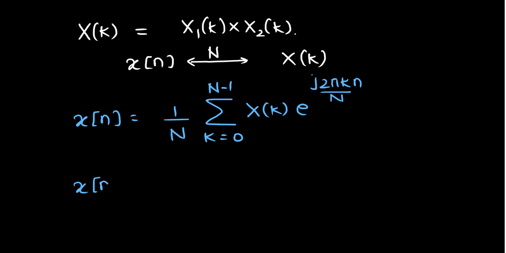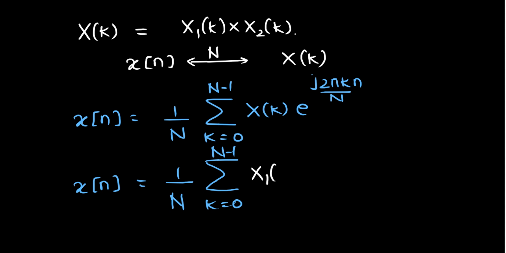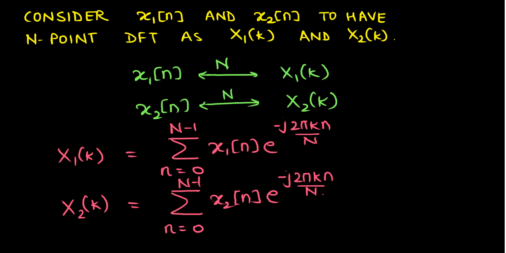So we have x of n is equal to 1 by N summation k running from 0 to N minus 1 X1 of k into X2 of k multiplied by e to the power j 2 pi kn by capital N. Now if we go back and look at the value of X1 of k and X2 of k, we have it equal to these two expressions.